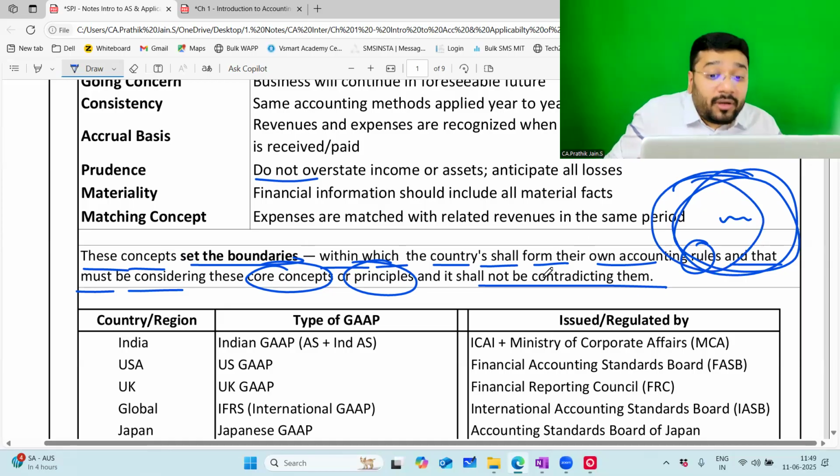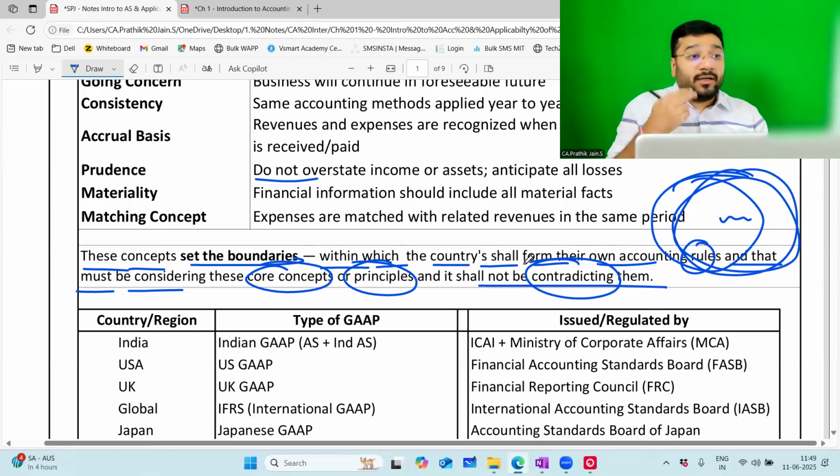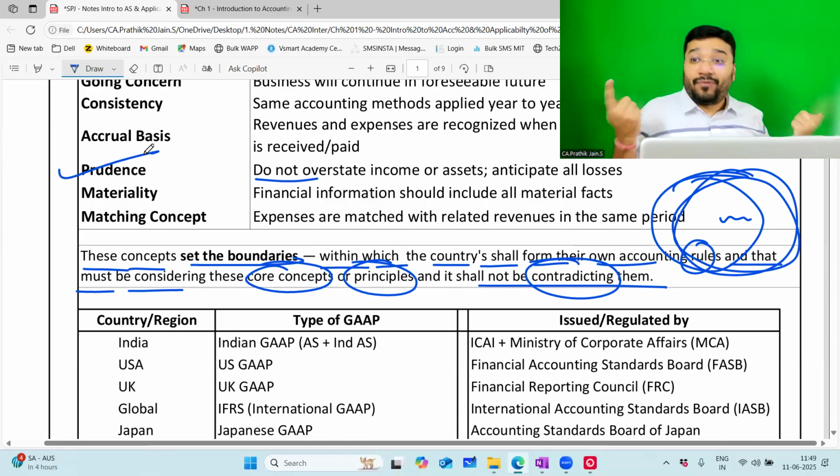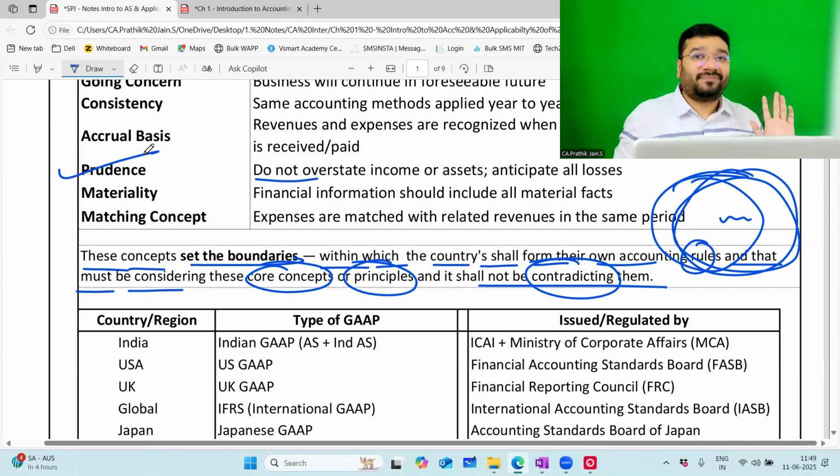It should not contradict GAAP. You should not say the opposite of what GAAP is saying. If GAAP is saying we'll follow the prudence concept, your accounting standard cannot say that the prudence concept I'll not follow. If you say so, then you're contradicting GAAP. So you have to create your own accounting rules and regulations, but well within the framework of GAAP. Are you able to understand the meaning of GAAP now?